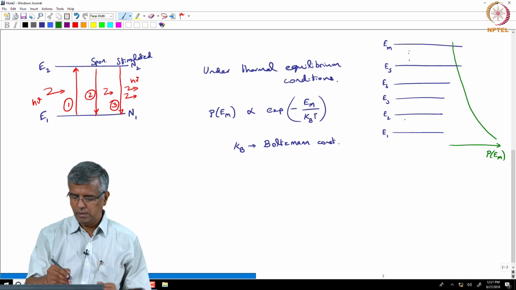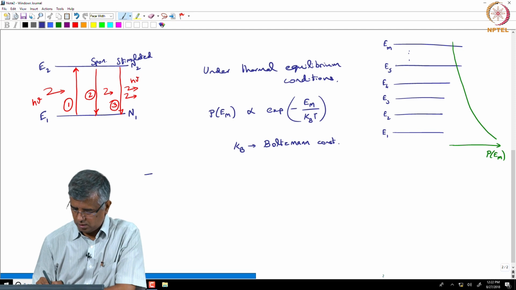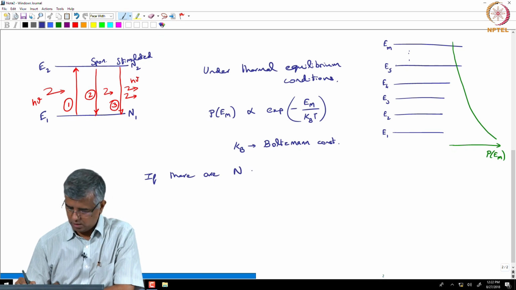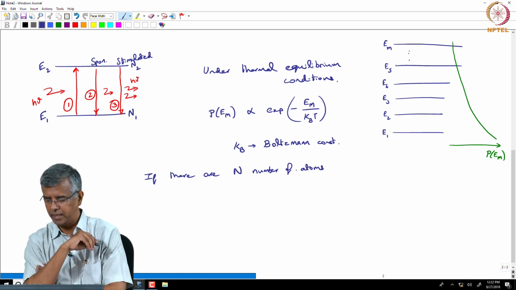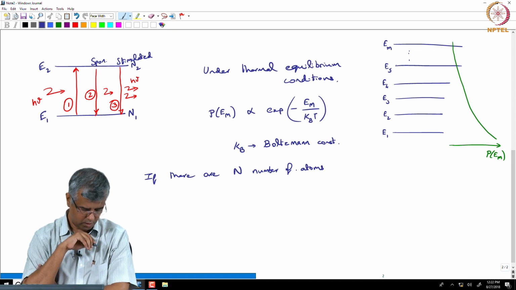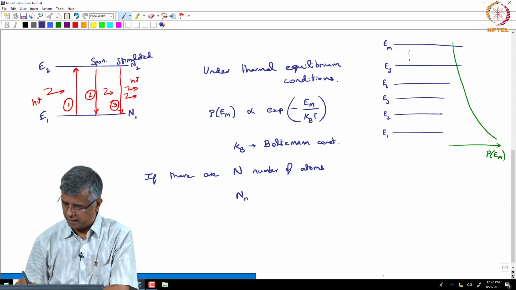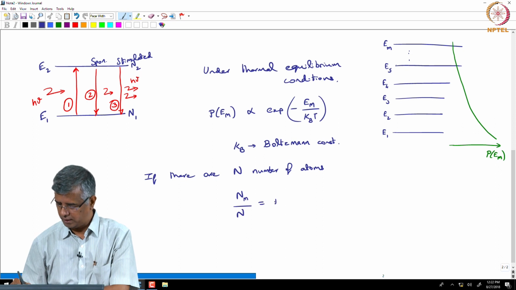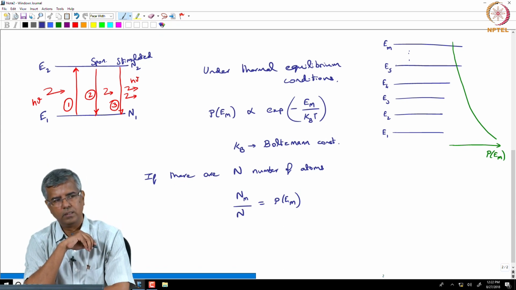In this case, if there are N number of atoms, then what we can say is Nm, which corresponds to the number of atoms at energy level Em, Nm over N will correspond to the probability that you have an electron in that excited state Em.